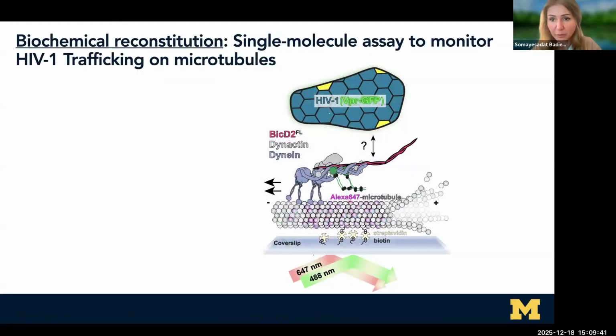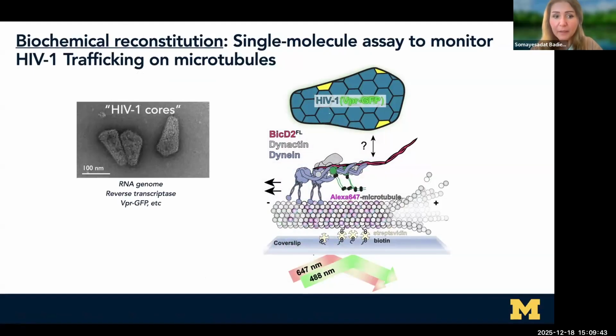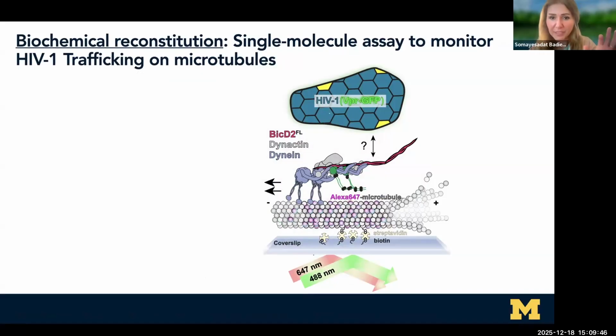The retrograde transport of HIV-1 has been shown to be dependent on the motor protein dynein, as you can see in this picture, in the light purple over there.